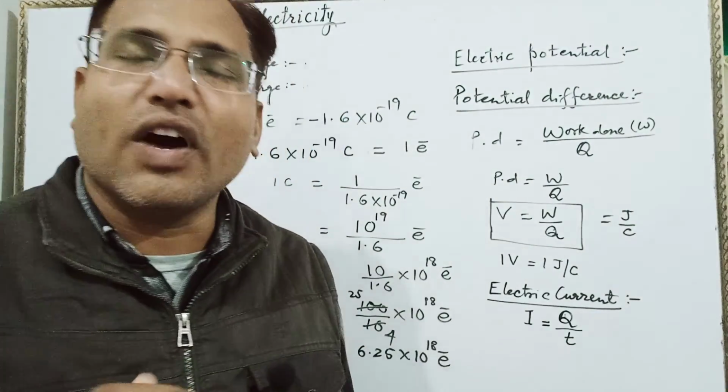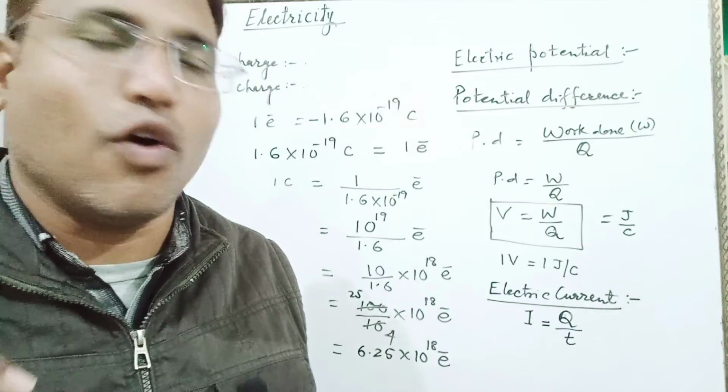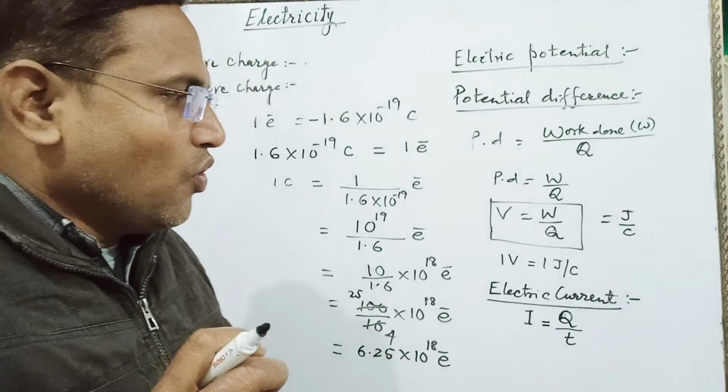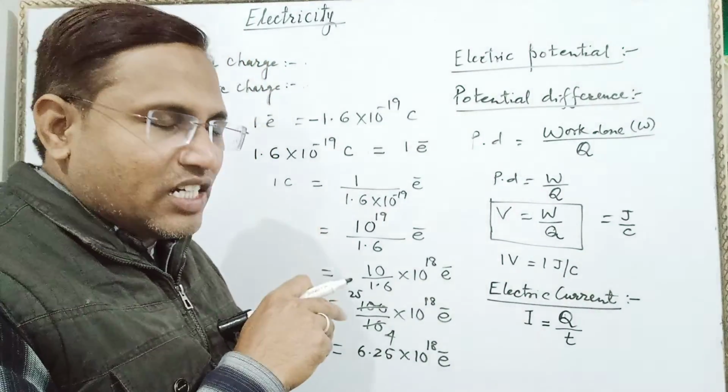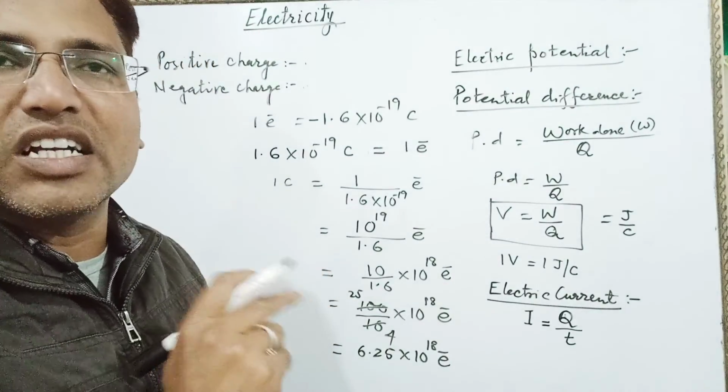Electric current is defined as the rate of flow of charge, where I is the electric current, Q is the charge and T is the time.